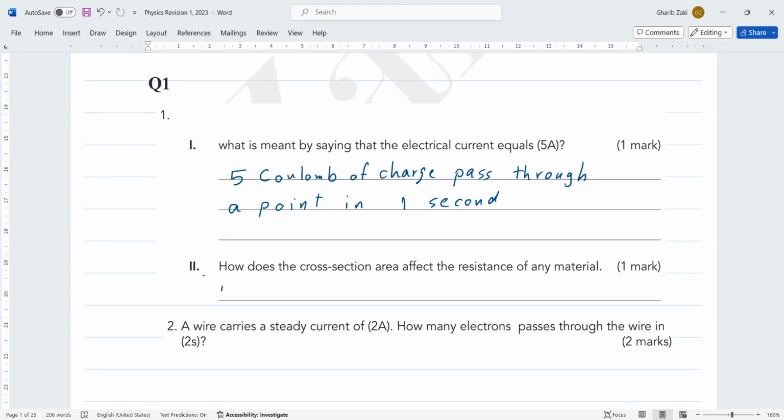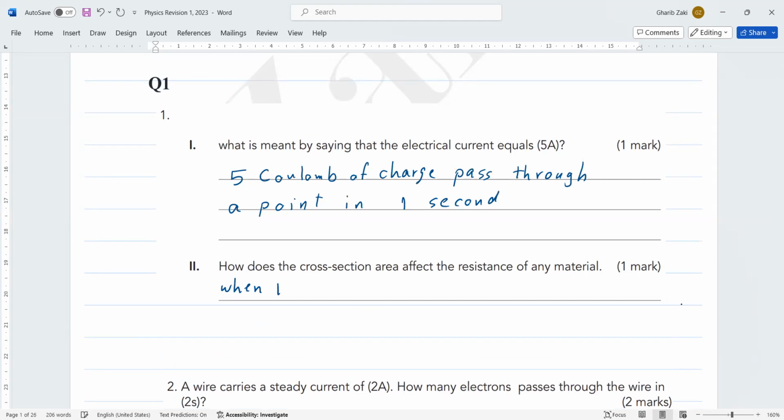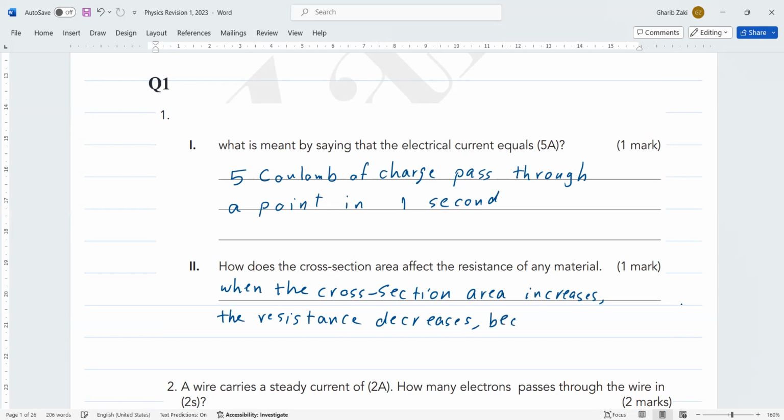So we write: when the cross-section area increases, the resistance decreases, because the resistance is inversely proportional to the cross-section area.